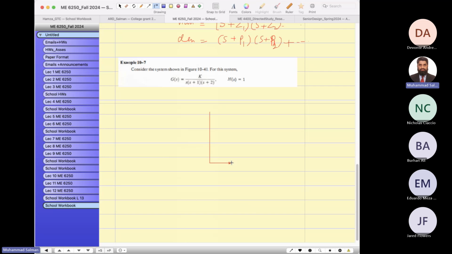This is my straight line. We call this the real axis, and this is the imaginary axis. In our books, this is sigma plus j omega.